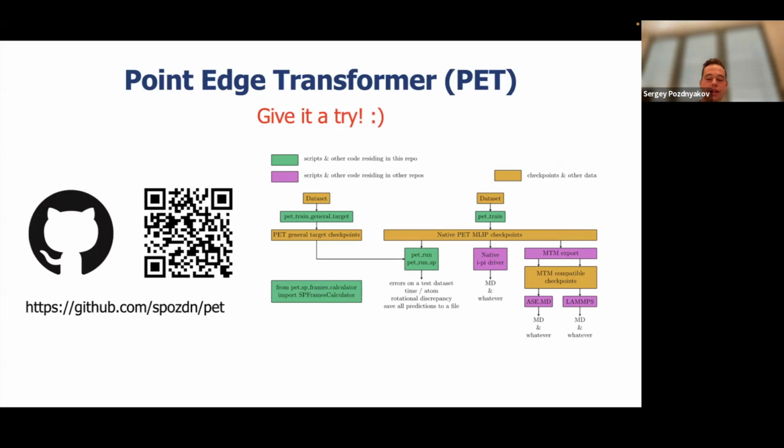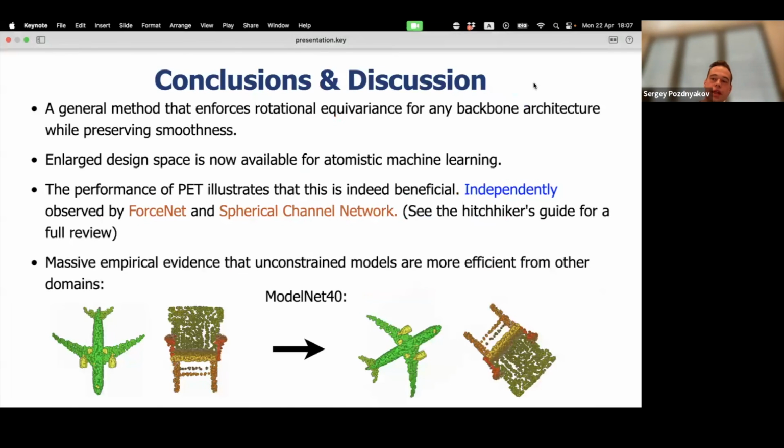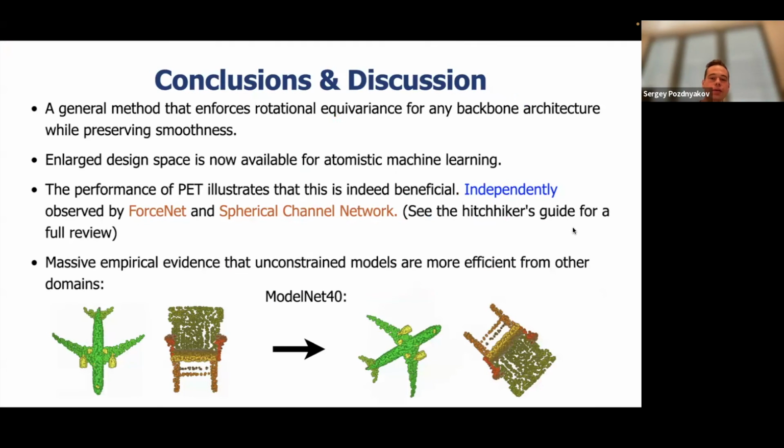Actually, the current state of the code is, of course, not as good as for such established models as SchNetPack, NequIP, MACE, Allegro, but the current state of the code is much better compared to what I had at the moment of the NeurIPS submission. So you are really welcome to give it a try. Now I can go to the last slide of my presentation.